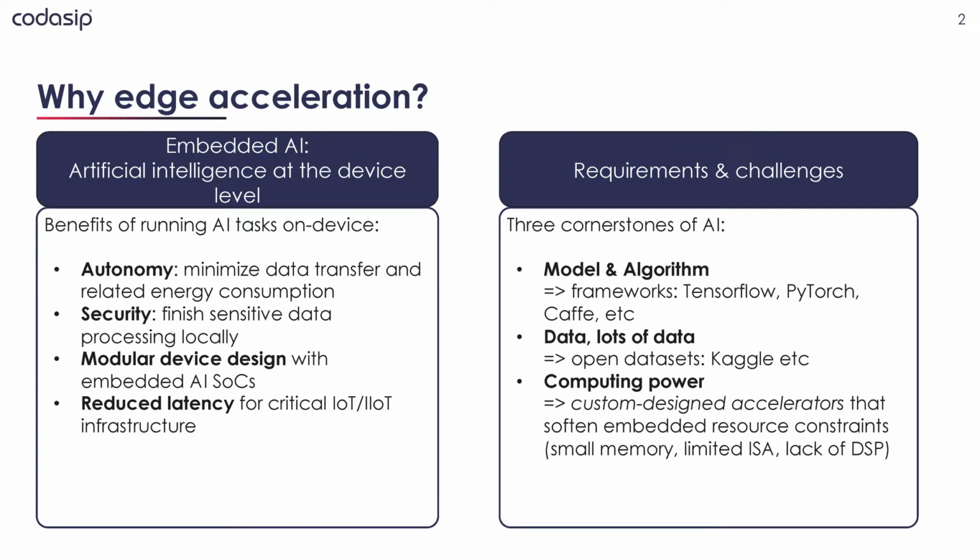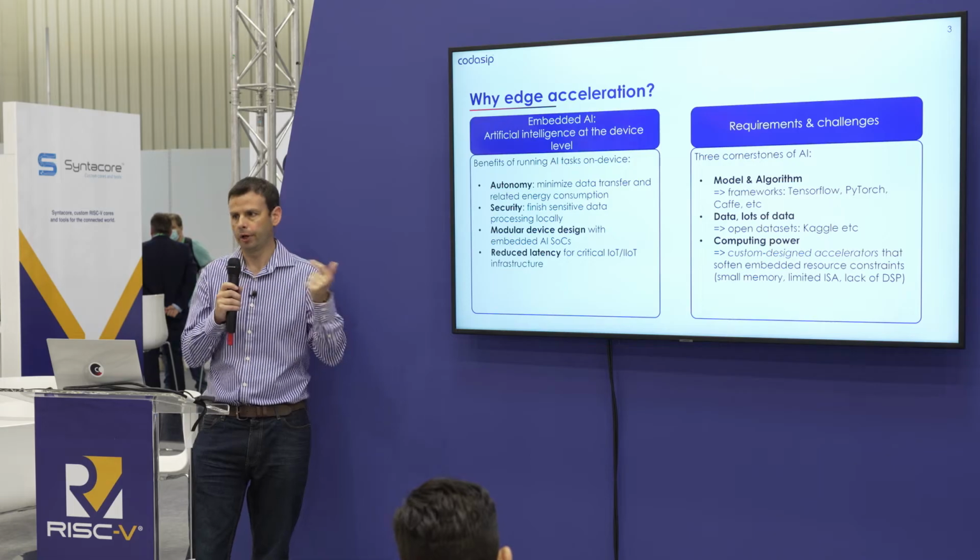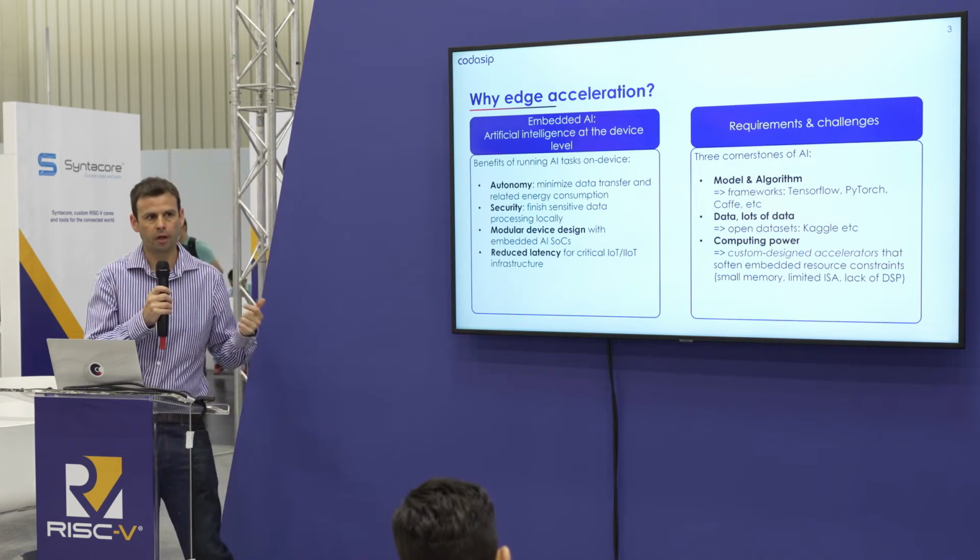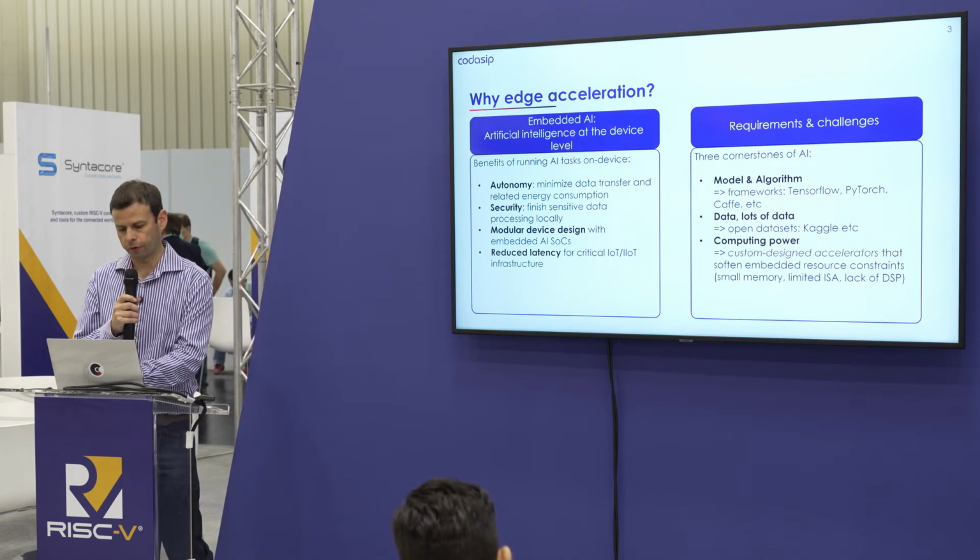We're using an off-the-shelf algorithm. The focus here is on the ability to accelerate rather than the algorithm itself. And obviously you do need compute power to do the processing, and many off-the-shelf MCUs have limited memory, a limited instruction set, and might not have DSP capabilities either. I'll show you how we can address that with Codasip Studio.